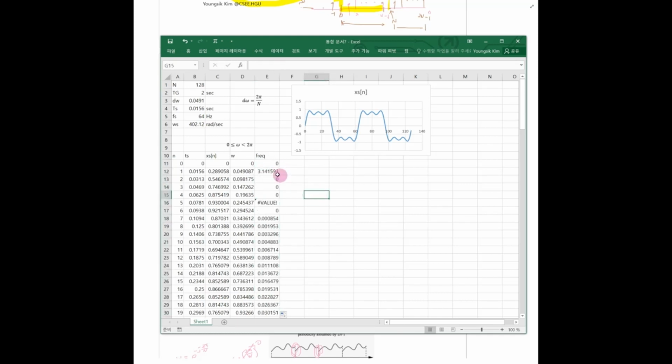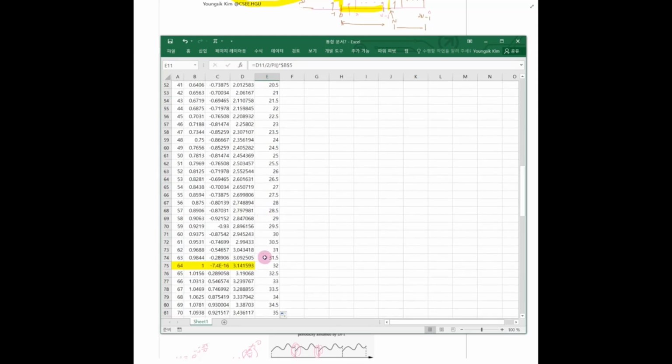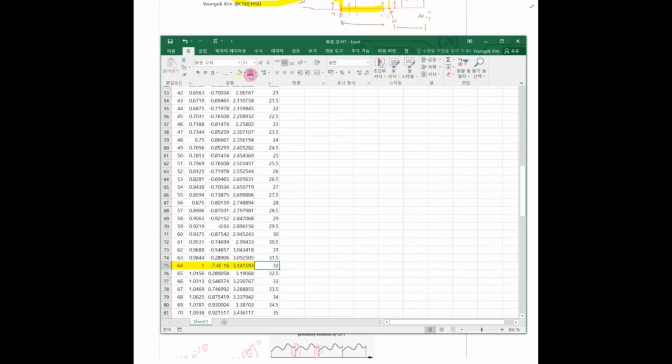So this is a DC component, 1 Hz and 2 Hz. You know that we have signals at 1 Hz and 3 Hz. So this one is the 1 Hz signal, and this one is the 3 Hz signal, and 5 Hz signals. What is the Nyquist frequency? You know the 64 is the sampling frequency, then frequency 32 is the Nyquist frequency. Let's consider that one. This is the Nyquist frequency. Okay.